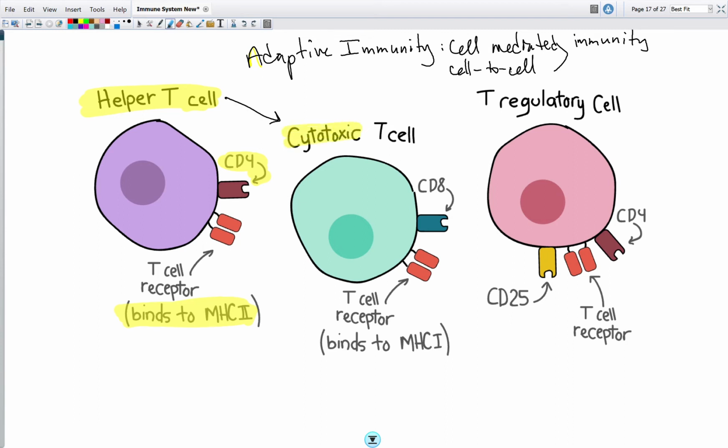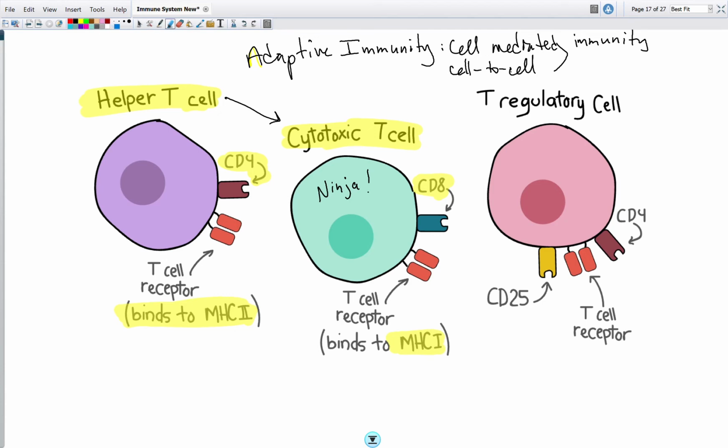Cytotoxic T cells are the ninjas. They have CD8 proteins that bind to major histocompatibility proteins on the infected cells, tumor cells, cancer cells. Their job is to be lethal, to pop cells that are infected. This is a ninja. Hand-to-hand combat, up close and personal.